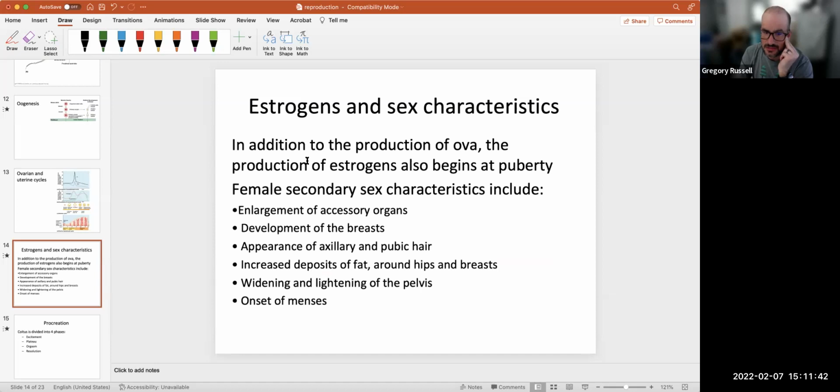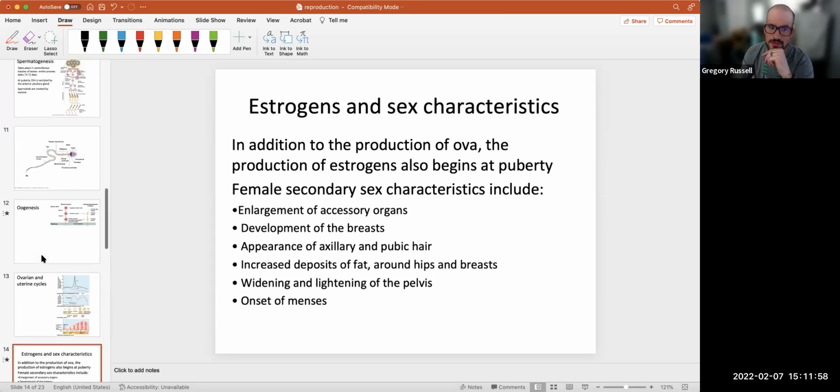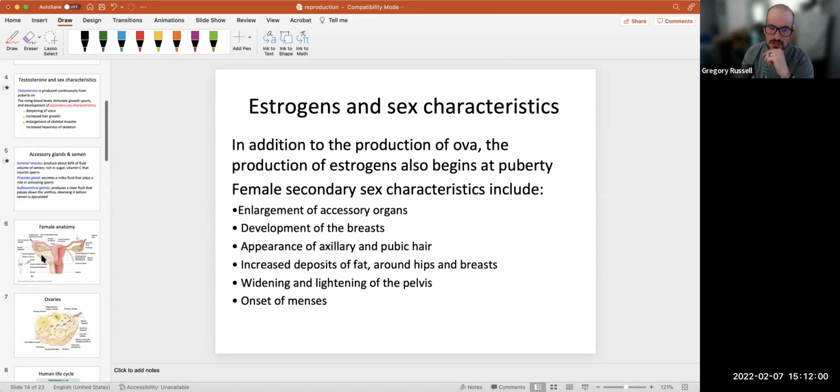Female secondary sexual characteristics include the development of breasts, the appearance of axillary and pubic hair, increased deposits of fat around the hips and the breast, widening and lightening of the pelvis, and of course, the onset of menses. Right. Again, we'll talk about that in just a little bit as well. All right. So that's what our anatomy looks like.